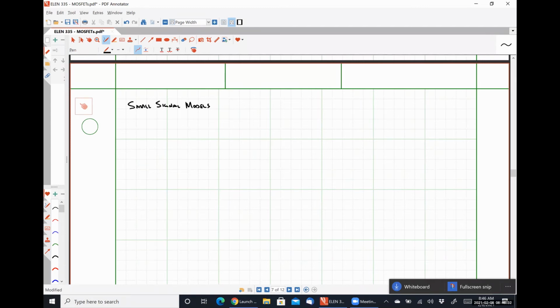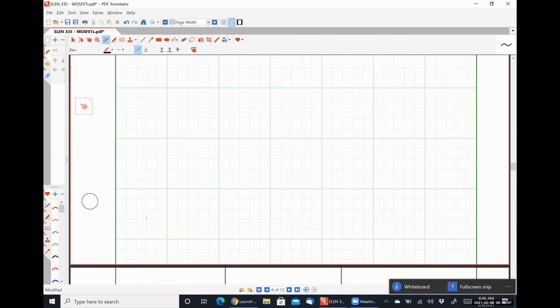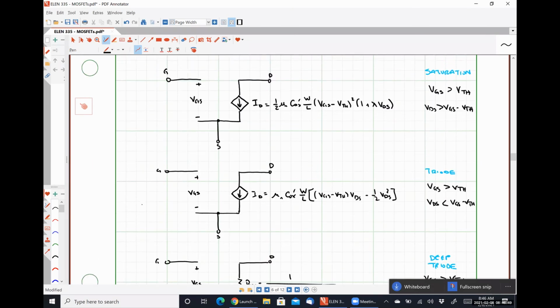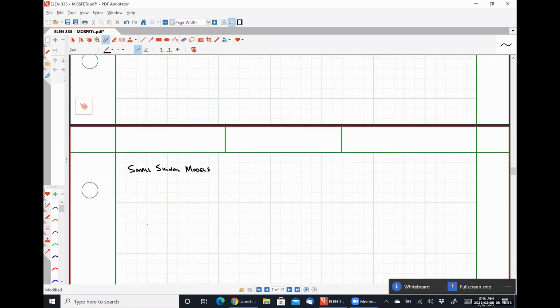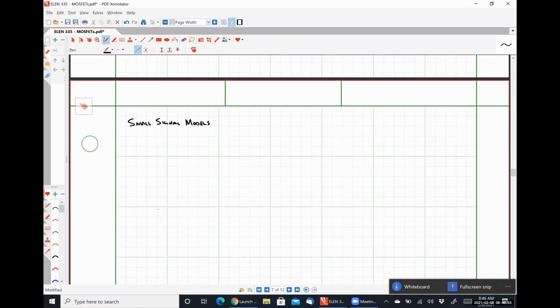We are going to consider them to be useful for saturation region only, effectively, because we want our amplifiers to be biased in the saturation region. Yes. No. This guy right here, all these large signal, is the DC model. What we're about to do is the AC models for amplifiers. So we are about to develop our AC models here.